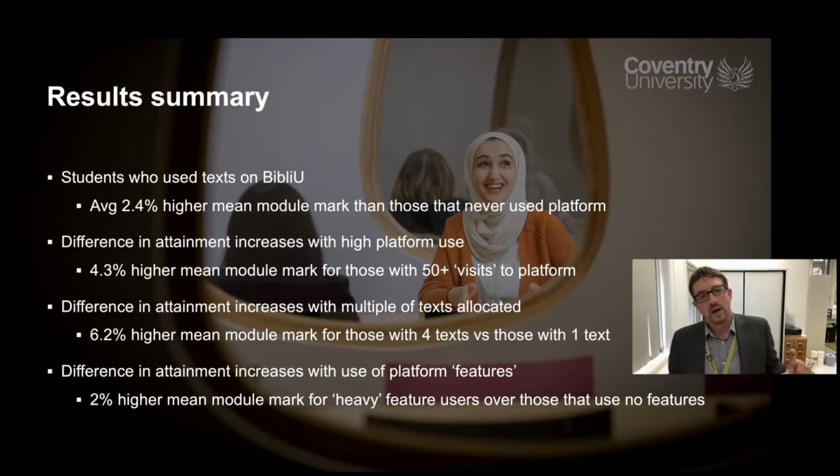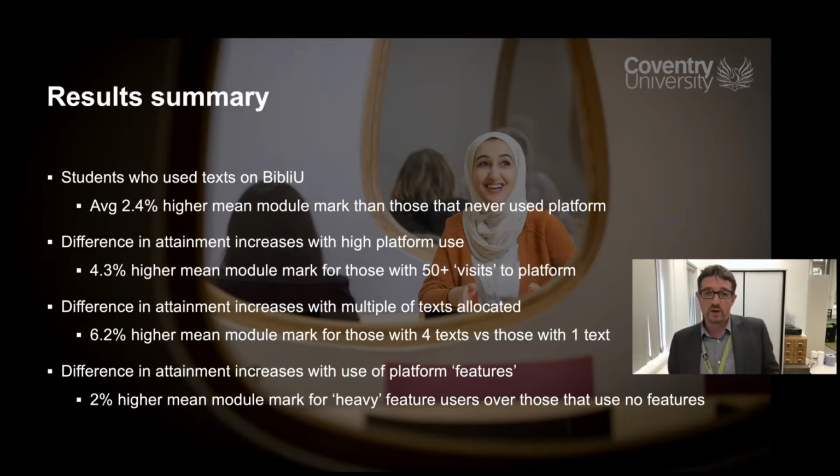But that difference in attainment does increase when we look at other factors as well. So it's not just about whether they've used it or not, although that is a key factor. That difference in attainment increases with higher usage. So for example, here, where we've got students who've had 50 plus visits to the platform, they've got a 4.3% higher mean module mark. And again, there's a difference in attainment with the number of texts allocated for a particular course.